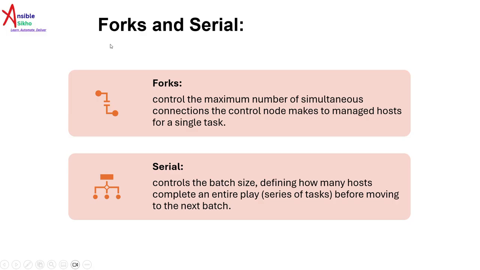Again, we are going to see forks as well as serial. What is forks? It controls the maximum number of simultaneous connections the control node makes to managed hosts for a single task.